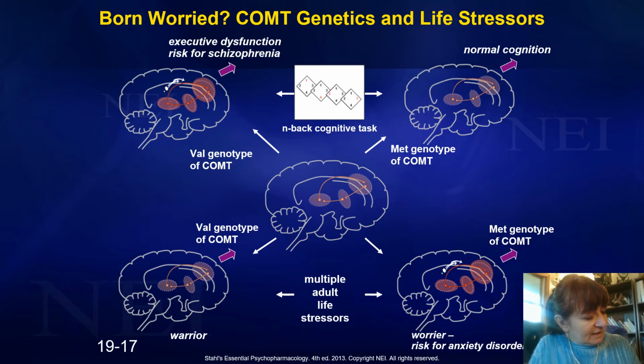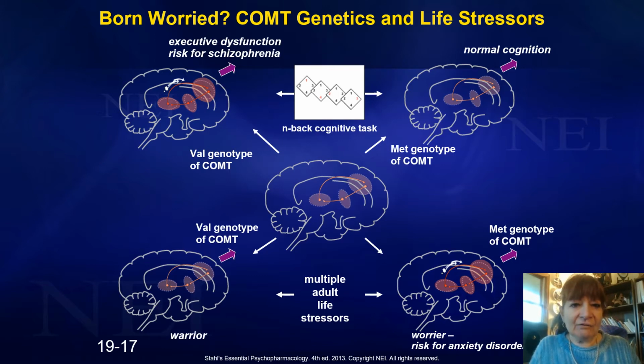And if you have the MET variant, that results in efficient processing in the dorsolateral prefrontal cortex, DLPFC. And so the COMT is working very well, and it breaks down dopamine. And so people who have the MET variant have lower levels of COMT.